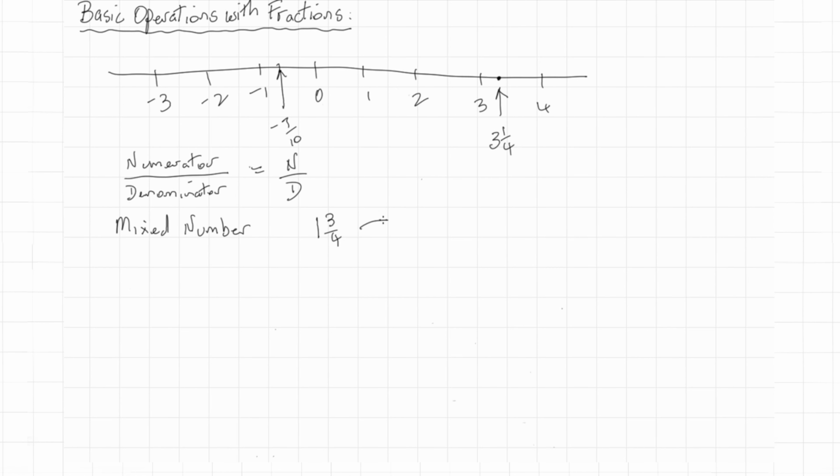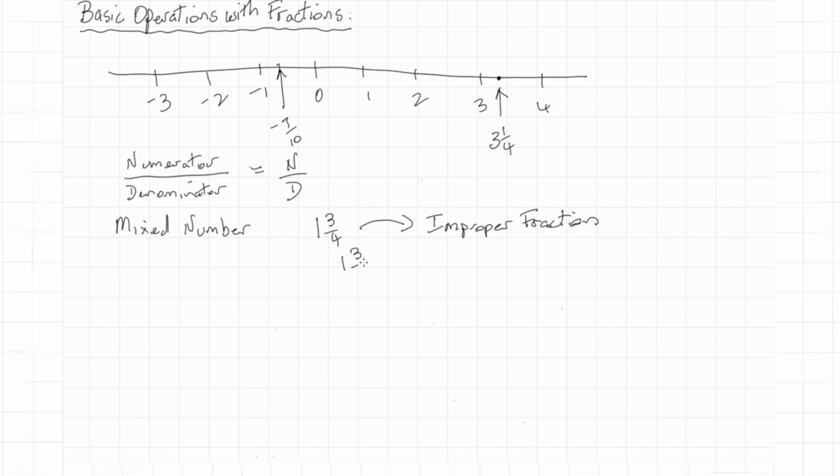If you want to make it into what's called an improper fraction, we simply multiply the denominator by the whole number and add the numerator.